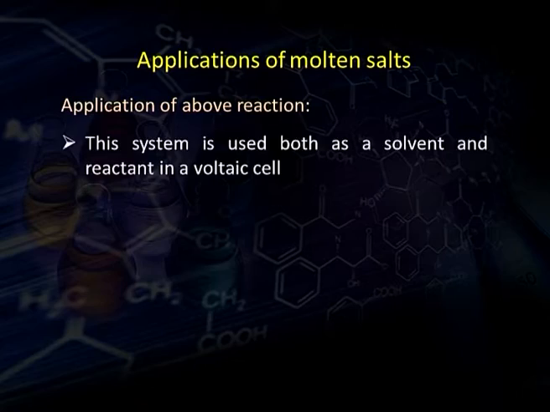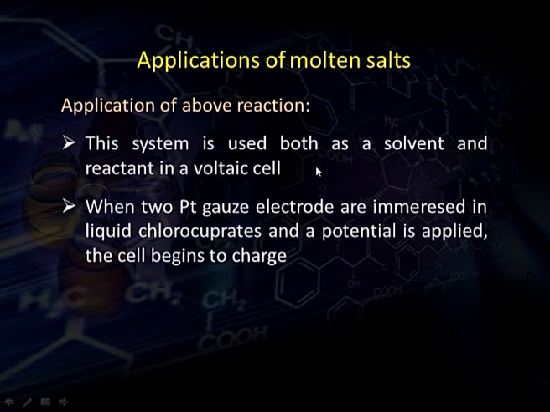The application of the above reaction is that this system is used both as a solvent and as a reactant in a voltaic cell. When two platinum gauze electrodes are immersed in liquid chlorocuprates and a potential is applied, the cell begins to charge.